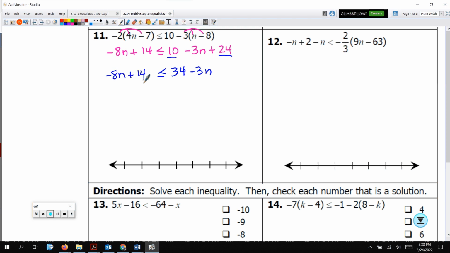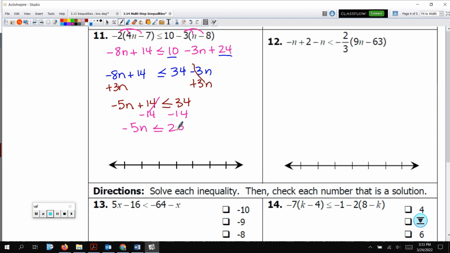All right, now we want to move that negative 3n to the left side, so we're going to add 3n to both sides. Negative 8 plus 3 is negative 5n plus 14 less than or equal to 34. Subtract 14, sorry. Negative 5n is less than or equal to 20.